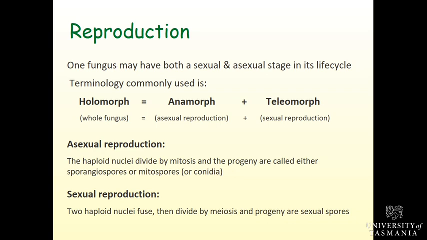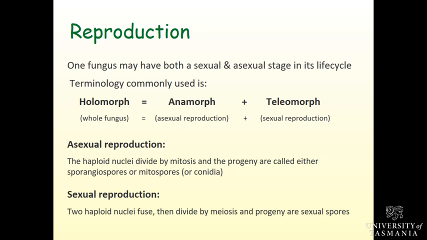So much the same as bacteria, where you get one cell split into another cell, you get clonal production. Sexual reproduction is where you get two haploids, so the two single copy nuclei, they fuse together to produce a diploid. So you actually get two, not diploid, you get two nuclei together.